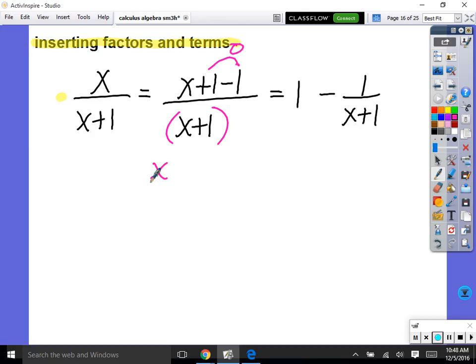So we really have x over x plus 1, plus 1 over x plus 1, and then minus 1 over x plus 1. What did I do here? What's a negative 1? I'm just trying to remember the point of this one, like from the book.